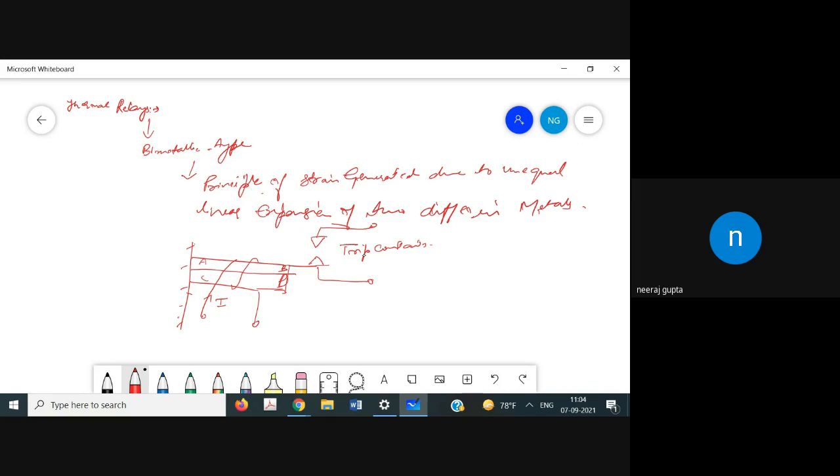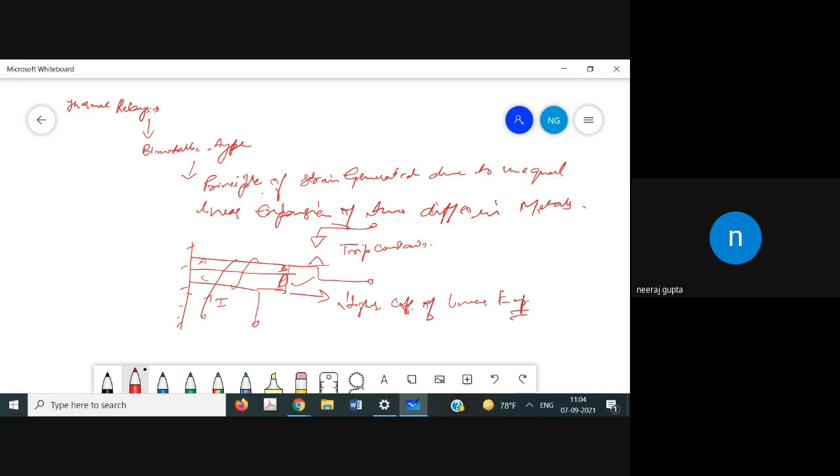CD has the higher coefficient of linear expansion, so the expansion in CD is more as compared to AB.